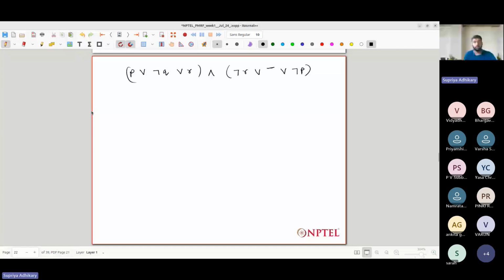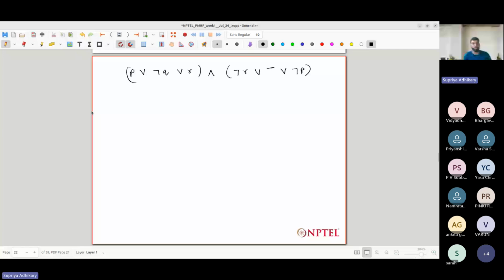So now I show that the dual is indeed this. If we find the dual and then we find the dual again, this is true.